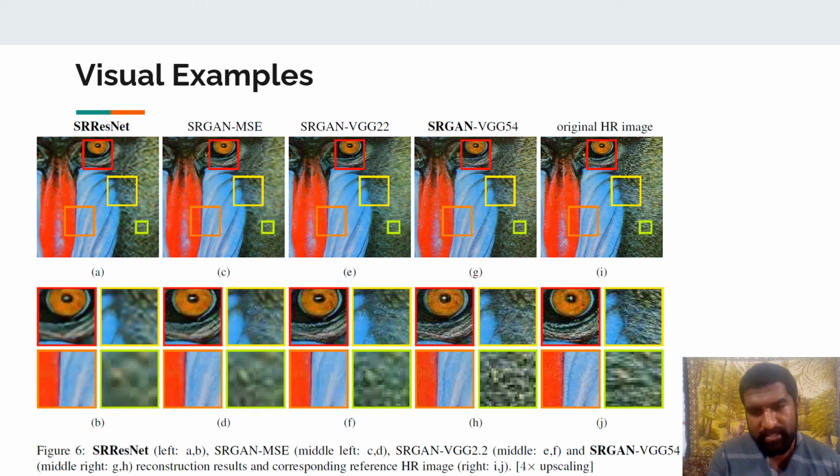So this VGG 54 and SRGAN is the result that they present through this paper as the SRGAN. Obviously you can see that the result they produce through this SRGAN is much more convincing and closer to the original real image.